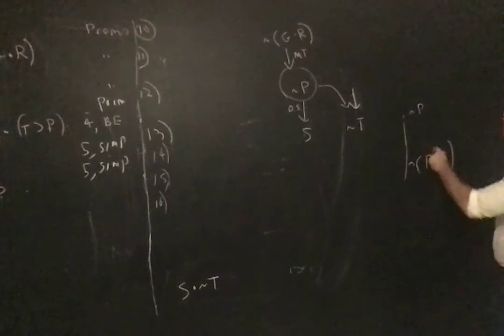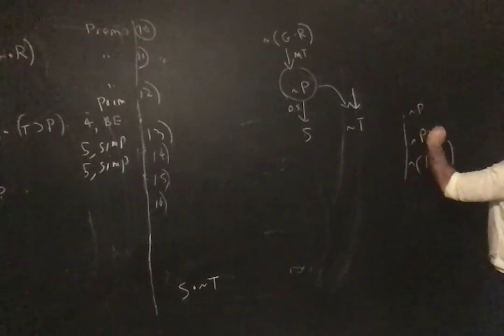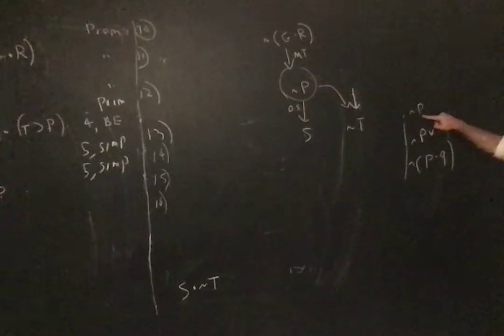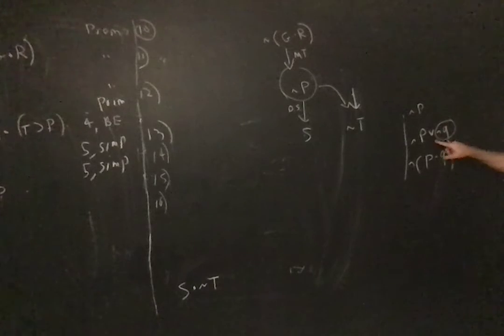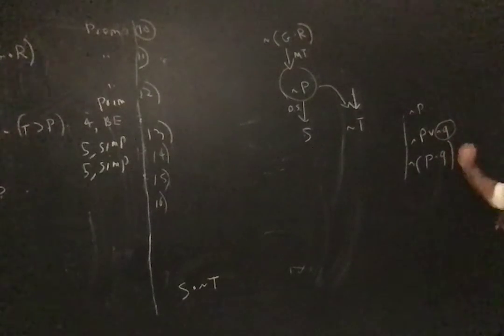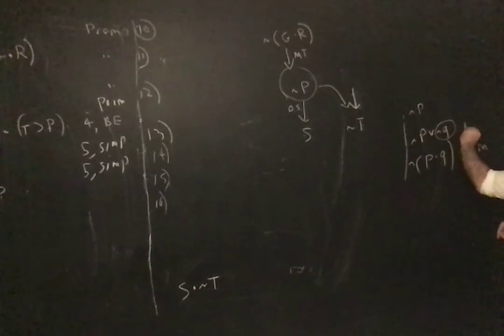What's this equivalent to by De Morgan's? I'm thinking it backwards. Not P or not Q tells me I add exactly not Q. Not P or not Q is equivalent to that by De Morgan's.